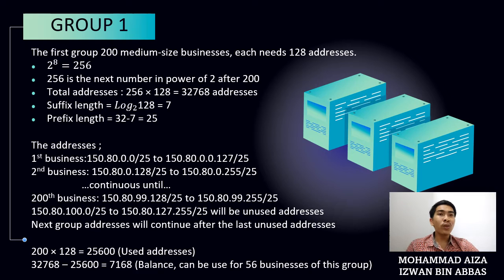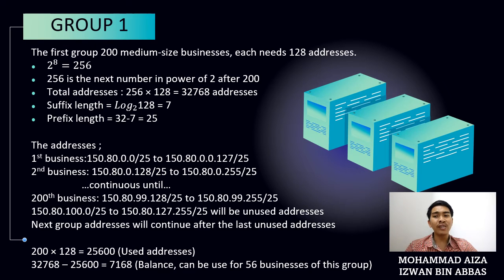Then we find the total addresses by multiplying 256 with 128, and we get 32,768 addresses. Then we find the suffix length by taking log base 2 of 128. We get 7. After that, we find the prefix length: we subtract 7 from 32 and we get 25.